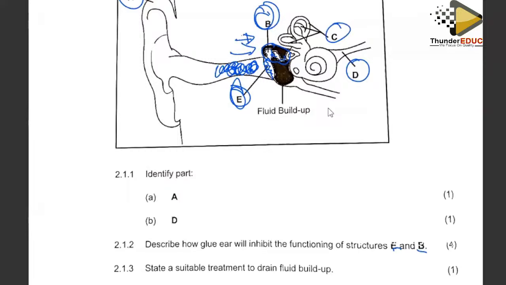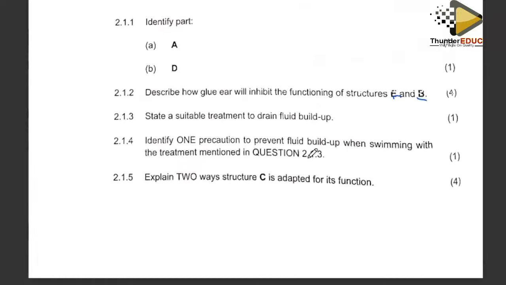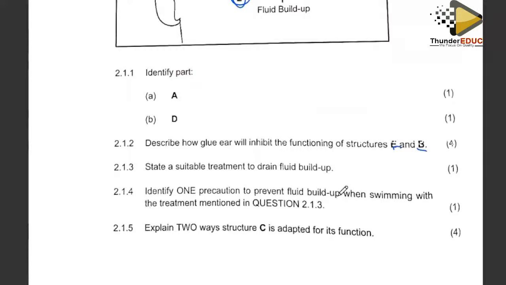Because everything is less: less vibration of the tympanic membrane, less vibration of the ossicles, so less vibration will be passed into the inner ear. Then it will lead to hearing loss. You will have problems with hearing. So you'll become deaf.